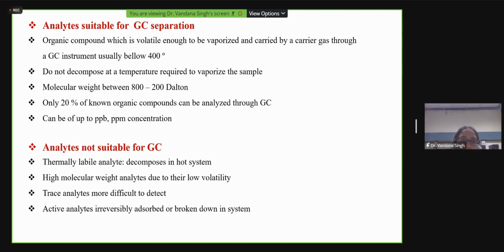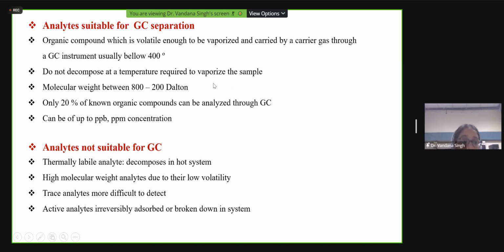Generally, what we analyze through gas chromatography are organic compounds which are volatile below 400 degrees Celsius of temperature. They should have very high thermal stability. They should not decompose at such a high temperature.